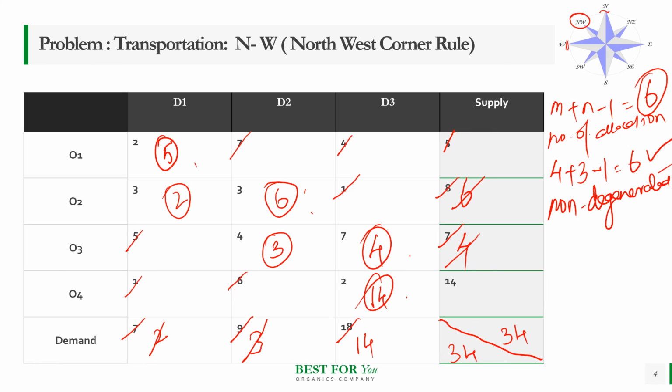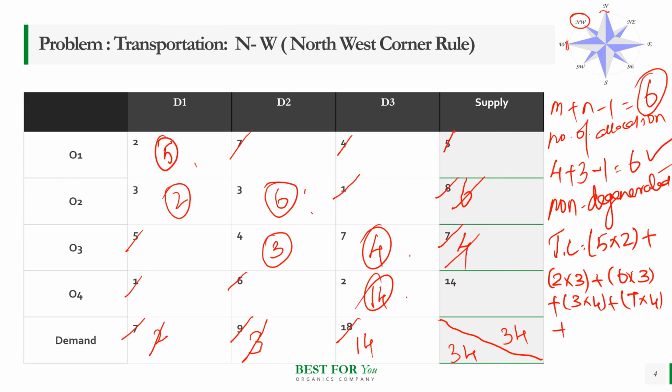Okay, so now let us find out what is the total transportation cost. So transportation cost, how we are going to find out is the number of allocations multiplied with the cost. So 5 into 2 plus 2 into 3 plus 6 into 3 plus 3 into 4 plus 7 into 4 plus 2 into 14.